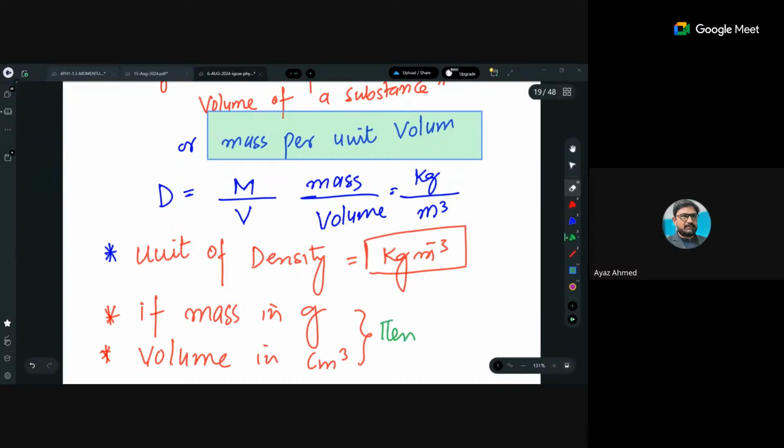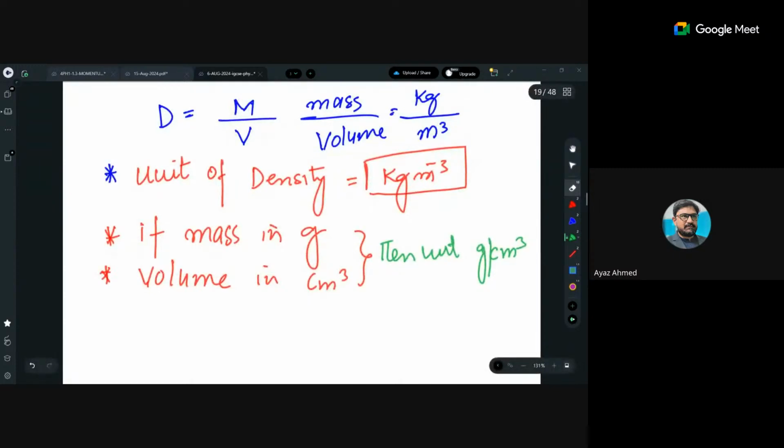Then the unit will be gram per centimeter cube, or you can say gram centimeter minus 3. This is how we deal with density in our daily life. So we have two units.